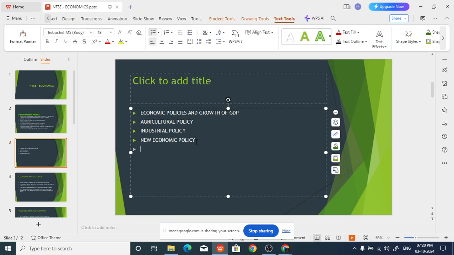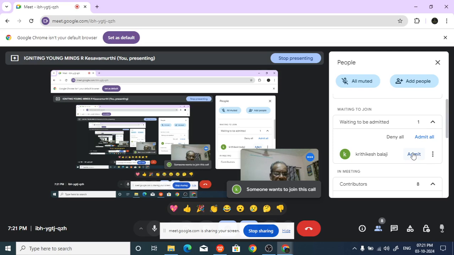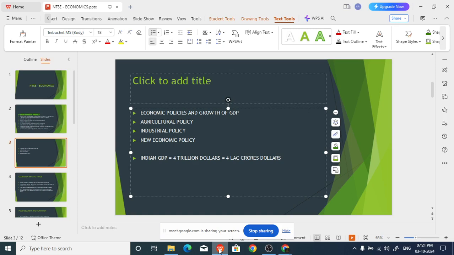So I'm going to write our Indian GDP. India's GDP is equal to $4 trillion. 1 trillion is equal to 1 lakh crore, so 4 into 1 lakh is 4 lakh crore dollars. How much is it in rupees? $1 is equal to 80 rupees.